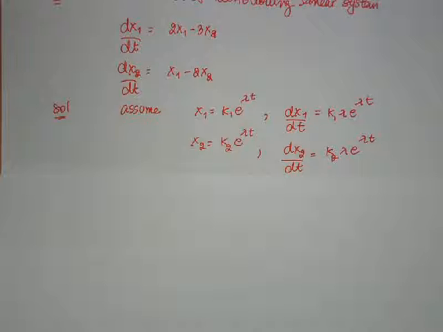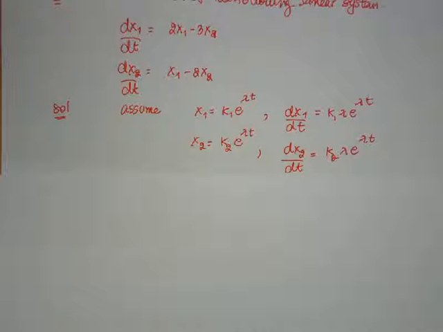When you take a look at our linear system, you would see the first derivative terms of x1 and x2. So before we plug x1 and x2 into the linear system, we should take the first derivative of these two solutions. The first derivative of x1 with respect to t is equal to k1 times lambda times exponential of lambda t.